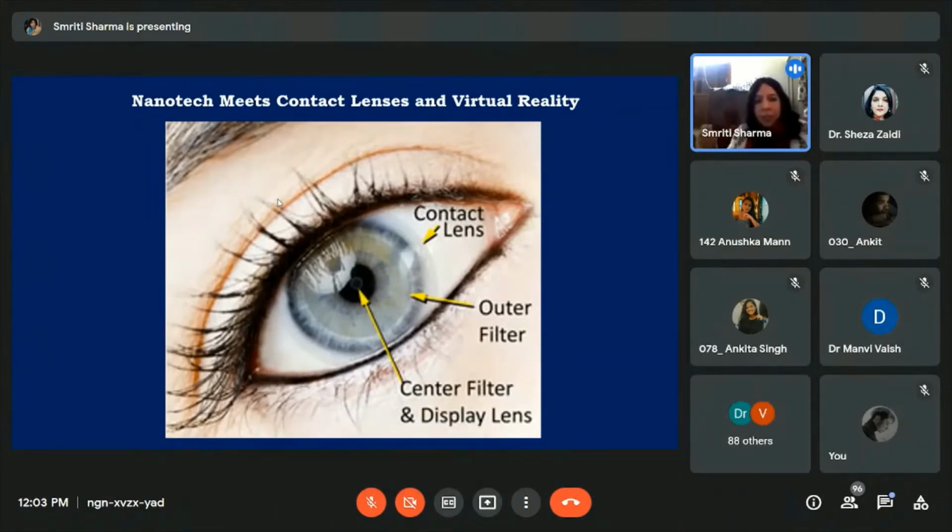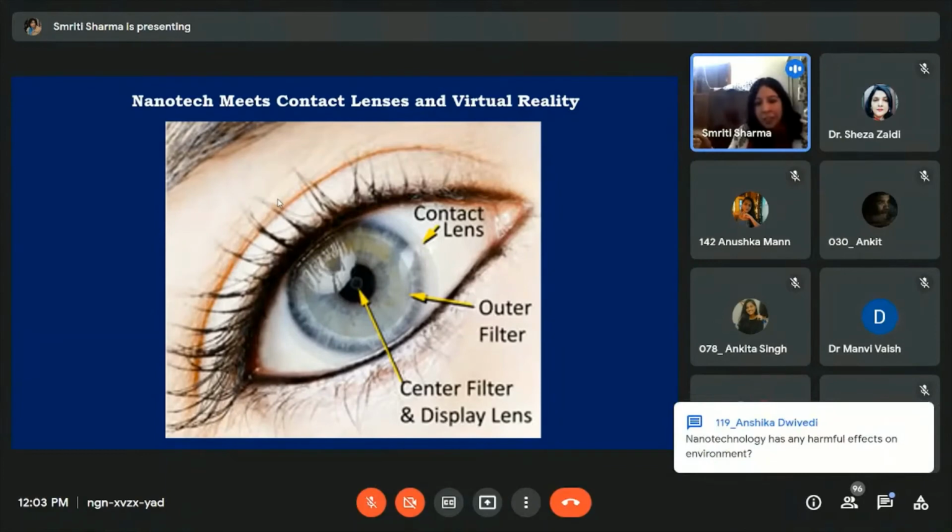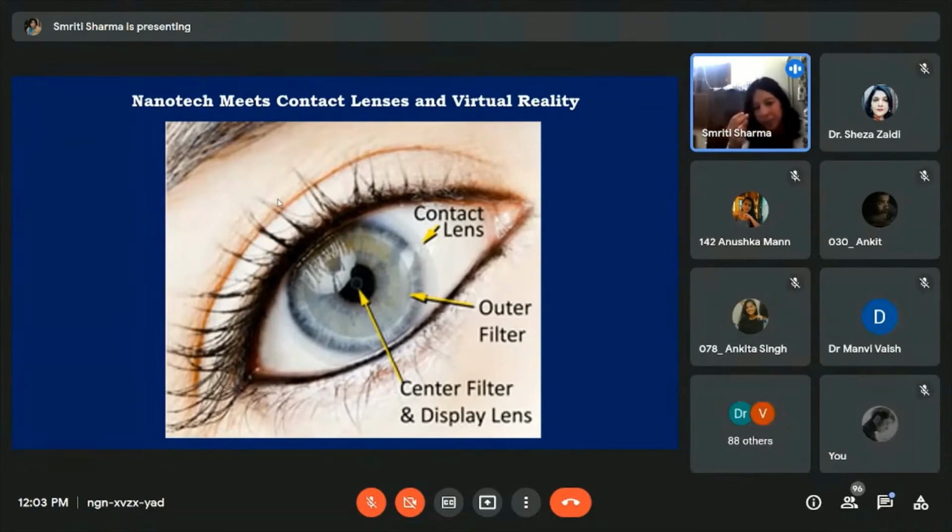Nanotech can make contact lenses and those 3D goggles so small that you can fit the display inside a lens, and that will act as a projector, and it will not affect your vision in any way. So you don't have to put on those big glasses, just a lens, and that will act as a projector. That is something which is coming up.